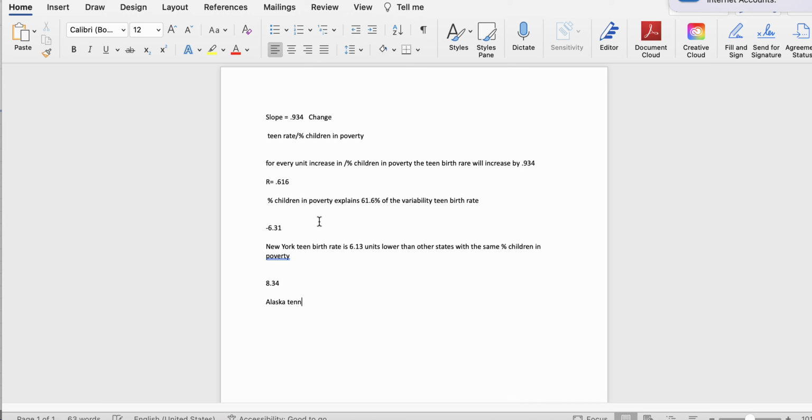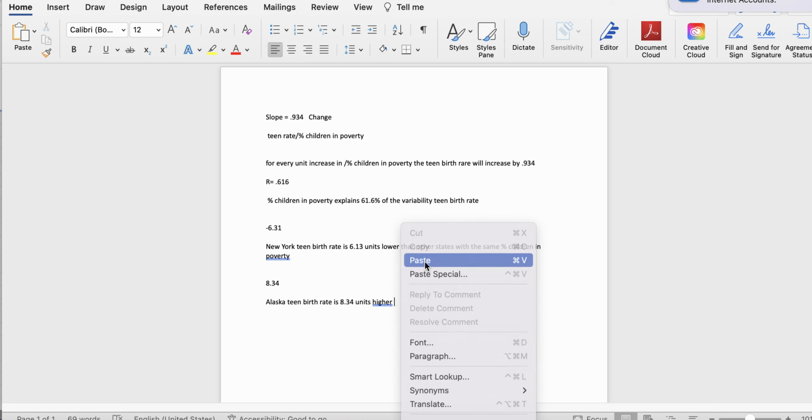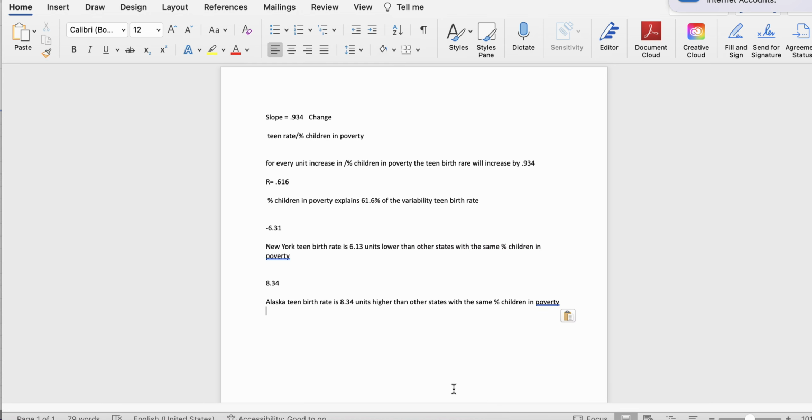Alaska's teen birth rate is, what have we got here? 8.34 units higher, and then we can copy paste, than states with the same percent of children in poverty.